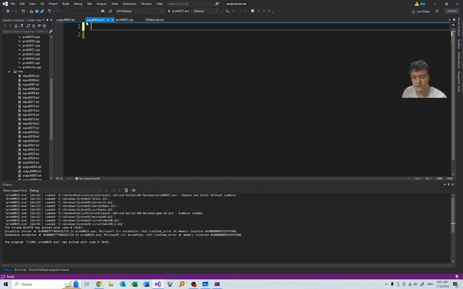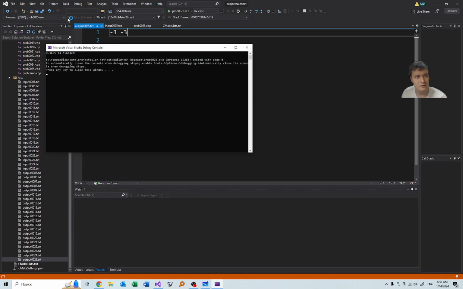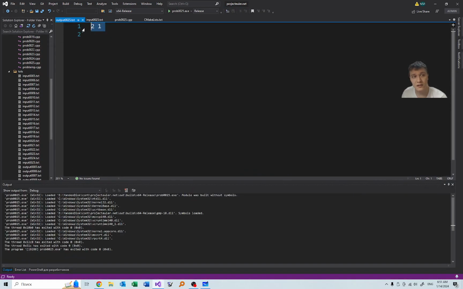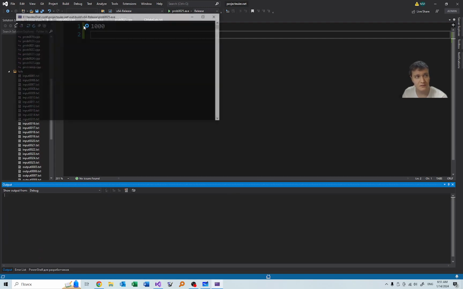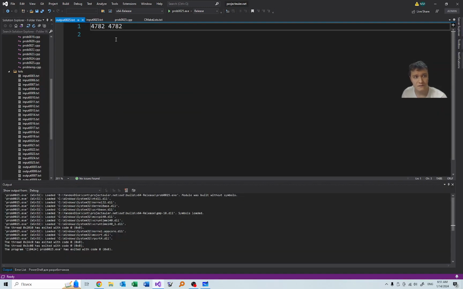Okay, let's check again for 1. Okay, see, now actually GMP says that the answer is 1, and it is correct. But the long double function says that it is 2. This is not correct. Let's check the answer for 2. Yes, it is fine. For 3, it is fine. And for 1000, it is also fine.